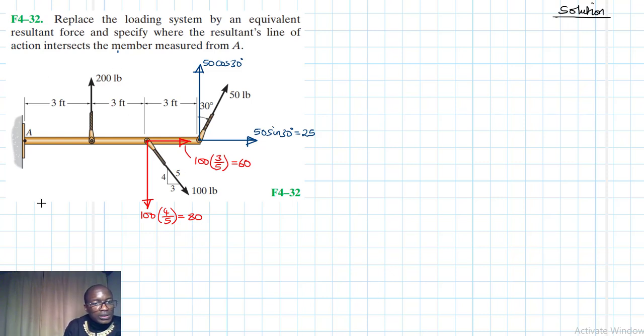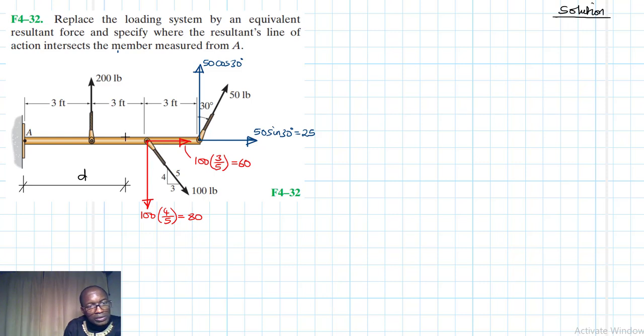Right, so let's locate this position, an arbitrary position, just so that we have an idea. Let's put it somewhere here. Just an arbitrary distance, we call it d, and then let's call this particular resultant.